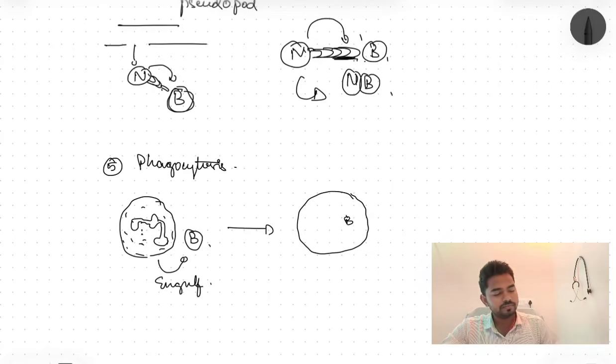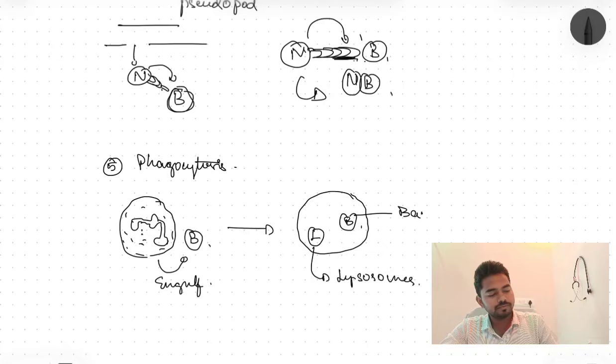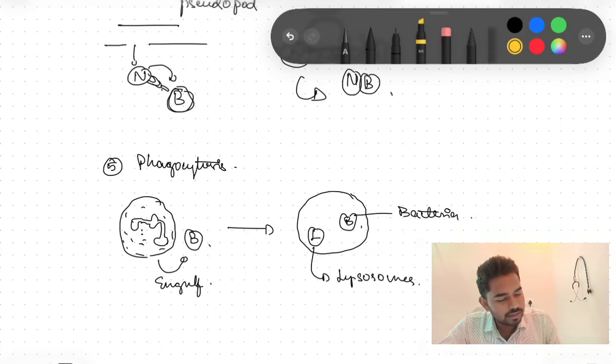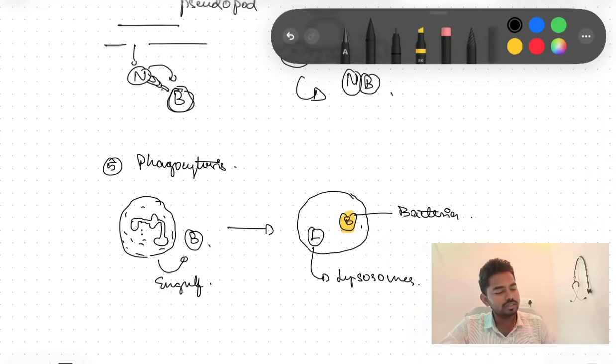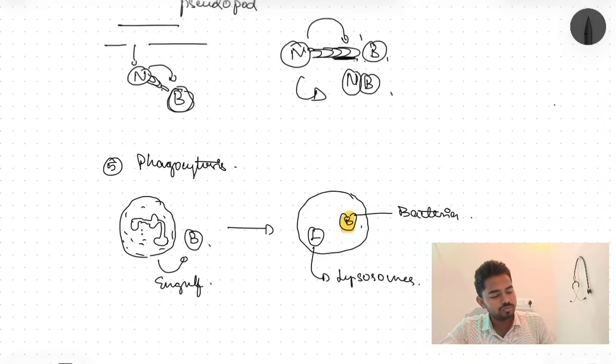Bacteria will be inside. But you know this, guys, neutrophil also has lysosomes. What is lysosome? Suicidal bags of cell.